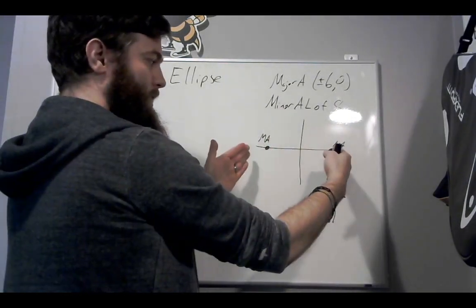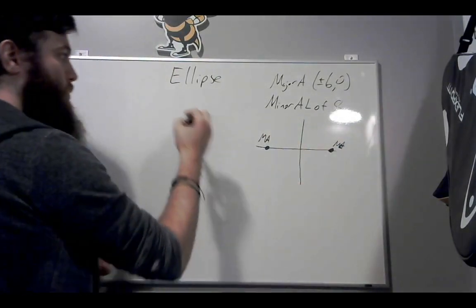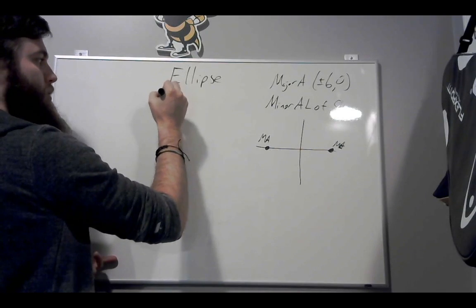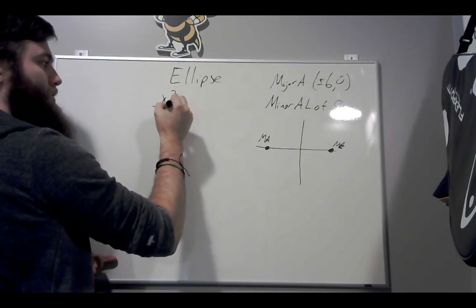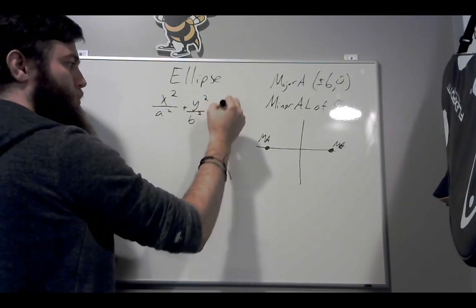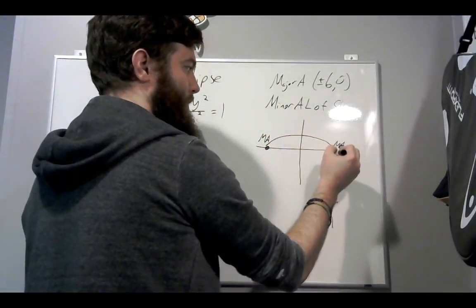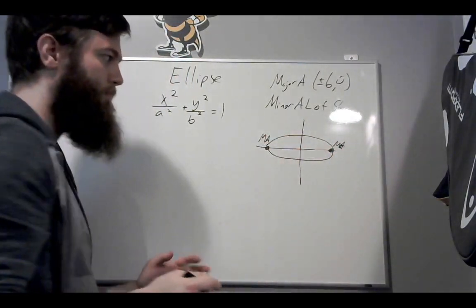So since this is going to be wider, that means we're going to have our A under the x squared. So our equation we're making is x squared over A squared plus y squared over B squared equals 1, because again, this is going to be a wider ellipse.